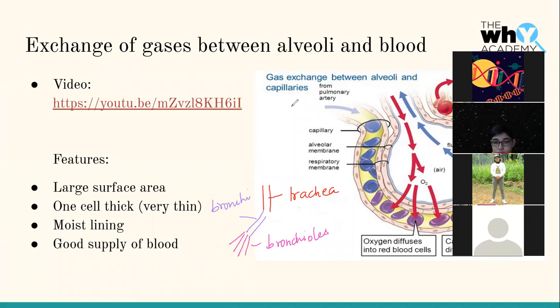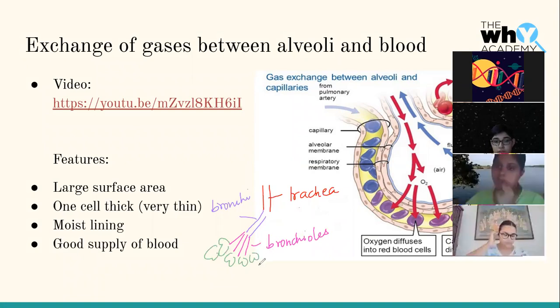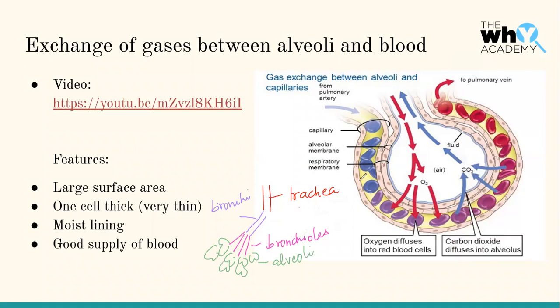And finally you have air sacs called alveoli. We have done this last class, just to give you a quick recap as to where exactly the alveoli are, so that when I'm showing you this diagram, you can make sense out of it.